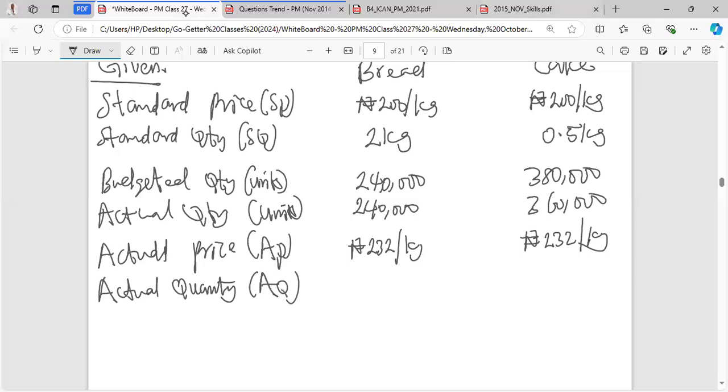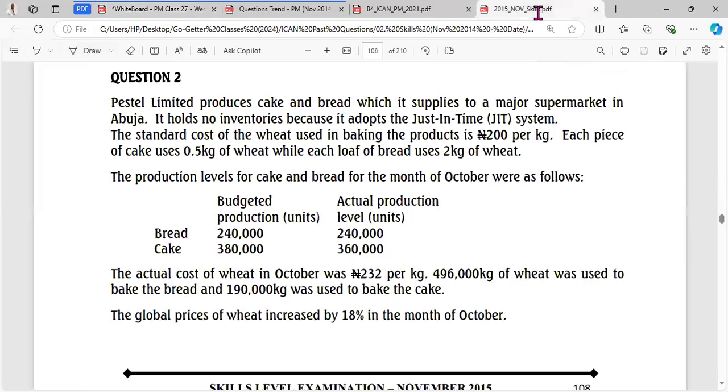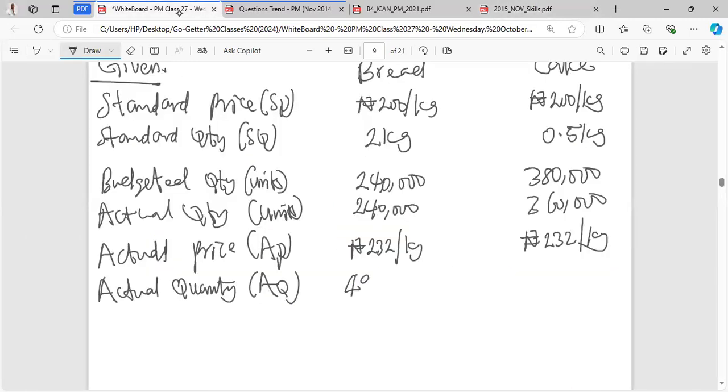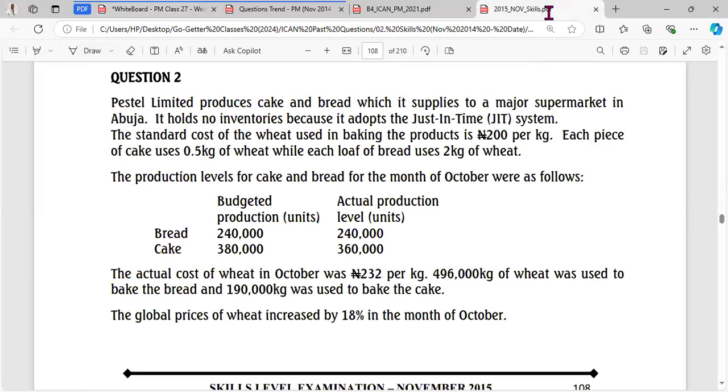So actual quantity here, 496,000 kg of wheat was used to make bread. And this should be 190,000 kg. Let's check. And 190,000 kg was used to make the cake.